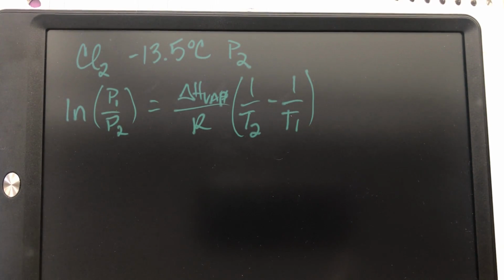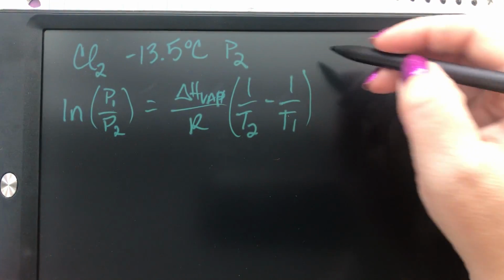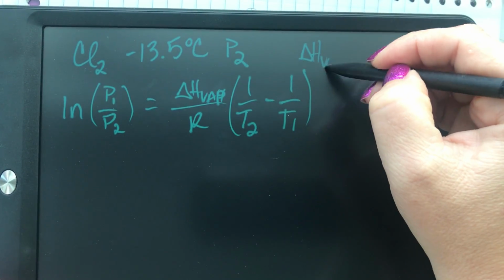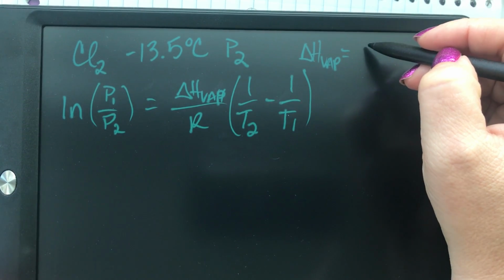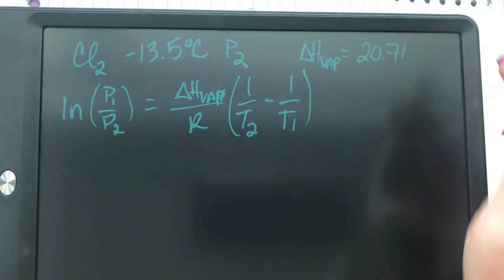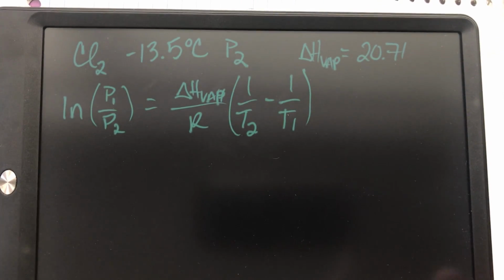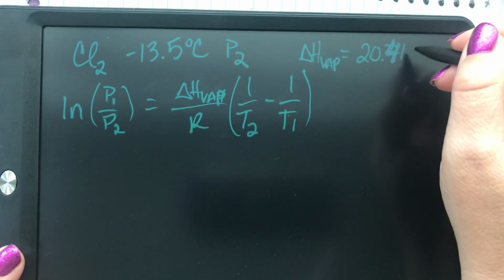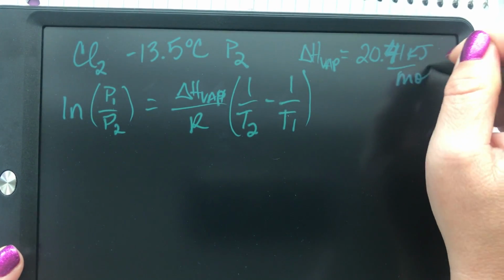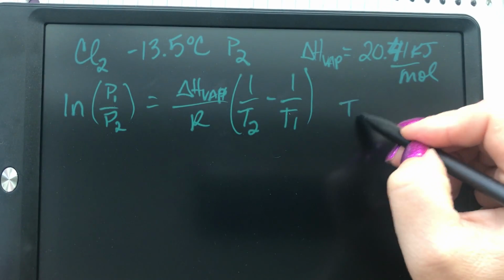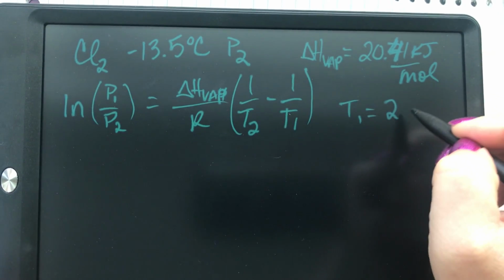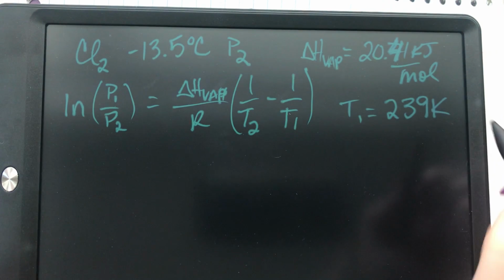So we're given the enthalpy of vaporization is 20.41 kilojoules per mole. And the boiling point is 239 Kelvin.